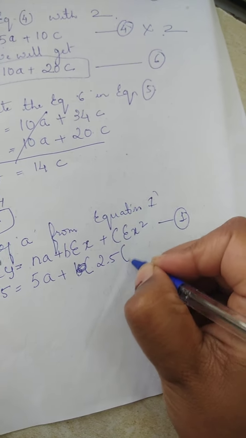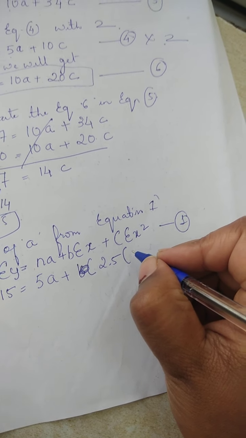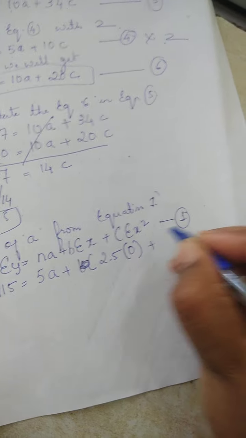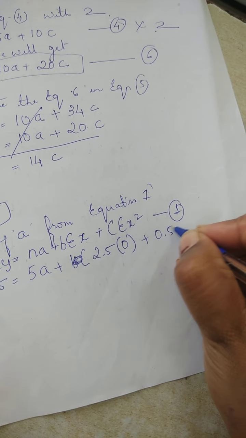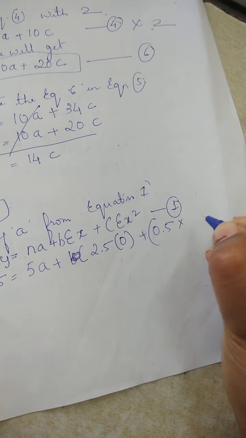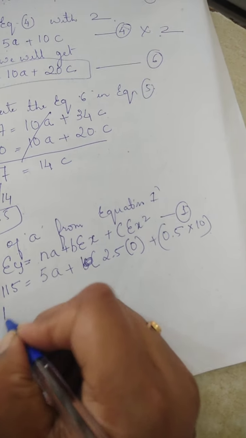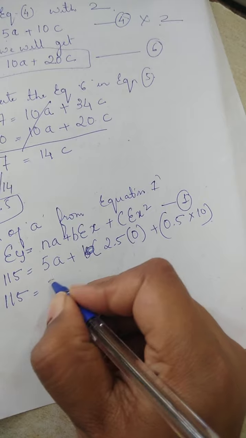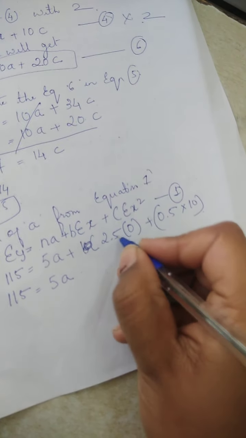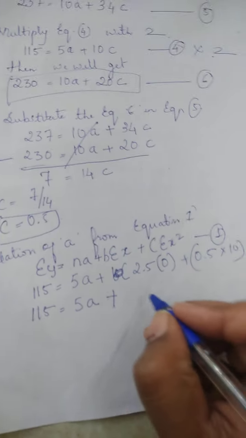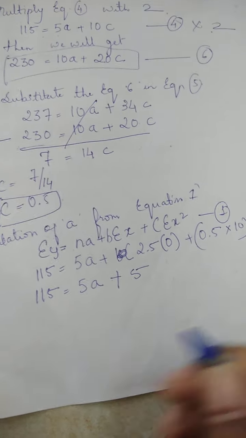Summation x is 0 always. Plus the c value 0.5 into summation x square, which is 10. Okay, so 115 is equal to 5a, here 0, plus 0.5 into 10 is 5.